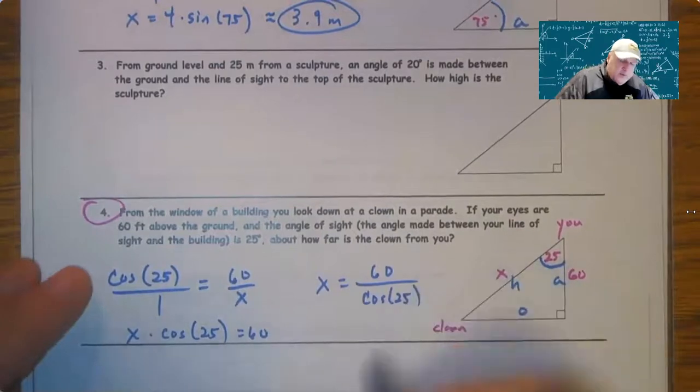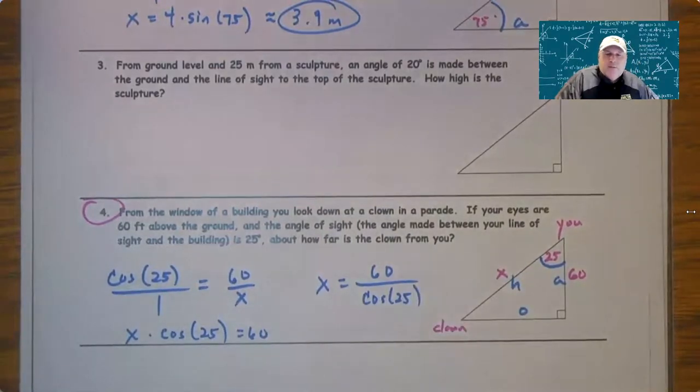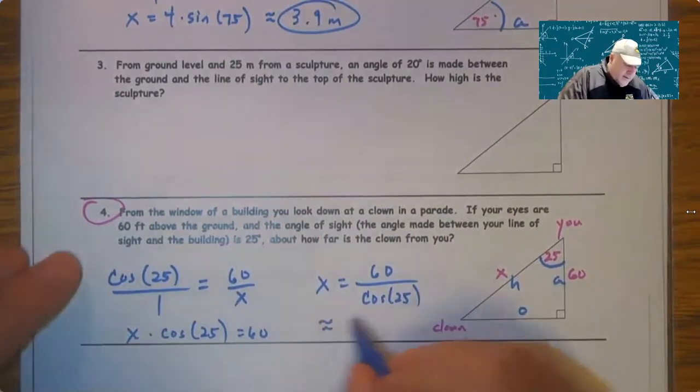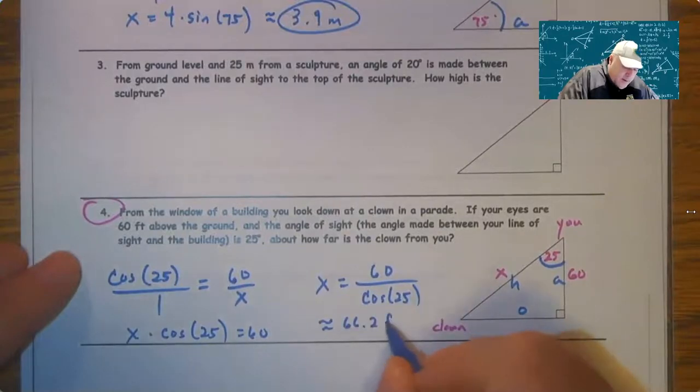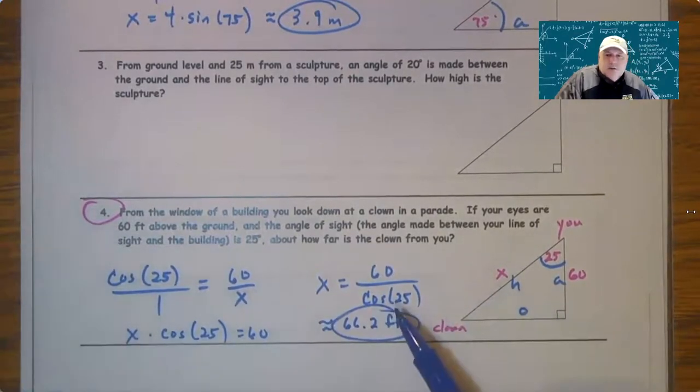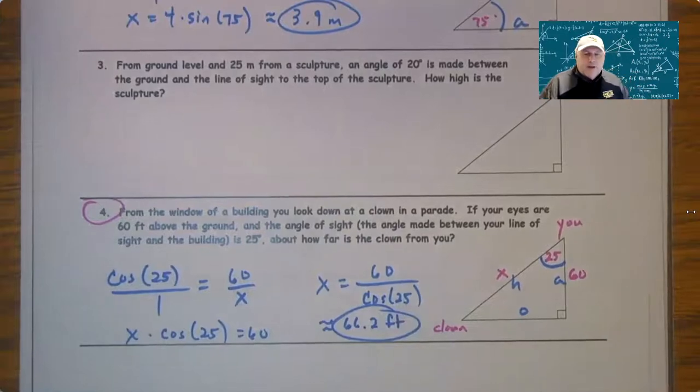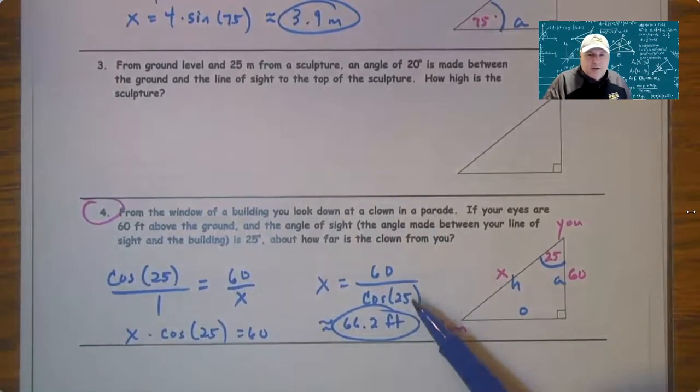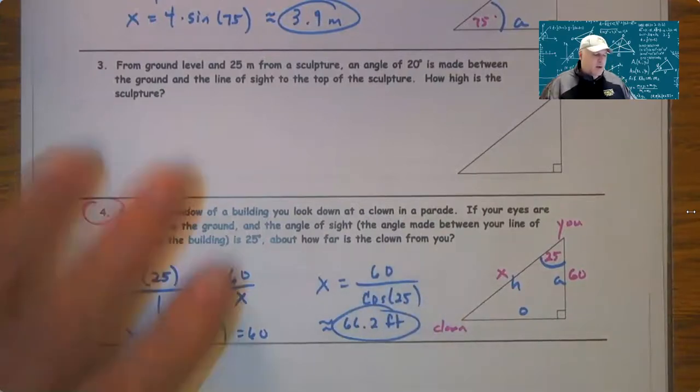You're going to divide both sides by cosine of 25 to solve for X, and that is 66.2 feet. Make sure that you do this, because sometimes on standardized tests, they actually put the answer choices in this trig format, so they won't actually work it out to the numeric answer. All right, and then we'll finish up with problem 8.